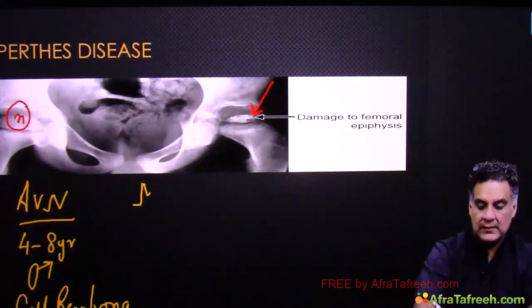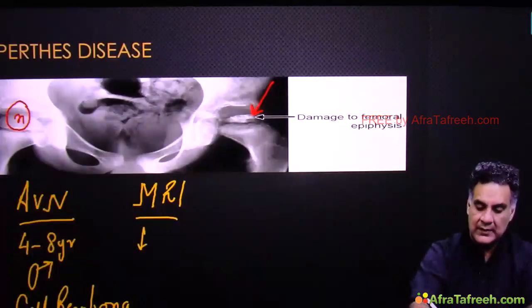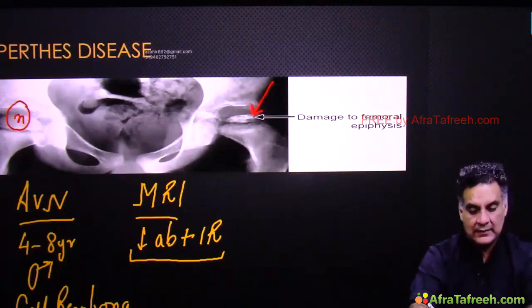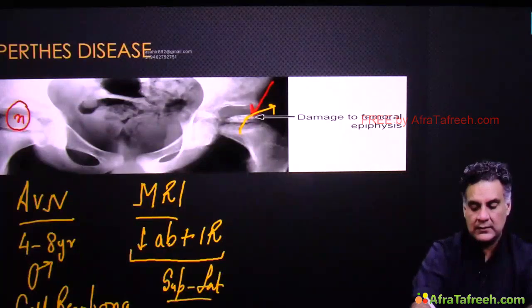It can be picked up in early stages by MRI, when X-rays can be initially normal. You have limitation of abduction plus internal rotation. There will be an axis deviation, and the head will migrate superolaterally, causing uncovering.